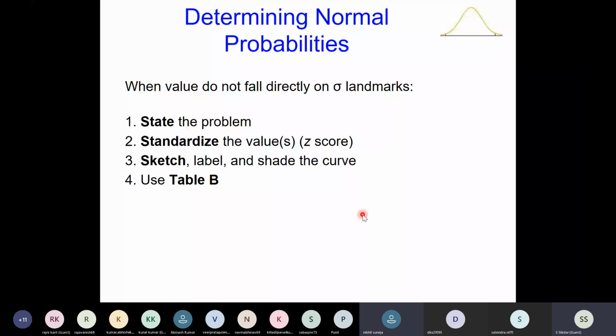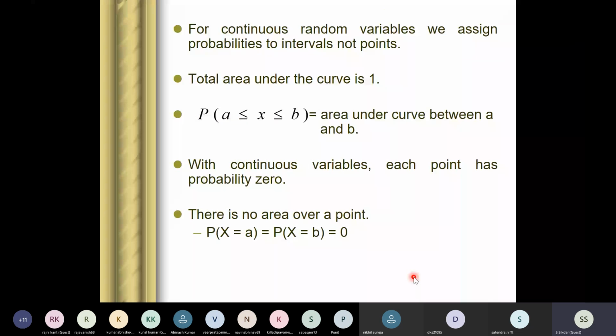Okay, so sketch the curve and set the levels. And then you will search from the table and see whether you get that one. So for a continuous random variable, we assign the probability to intervals.